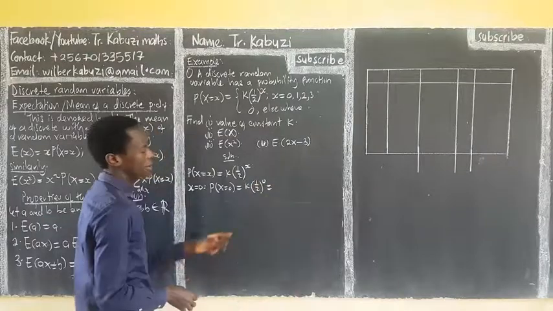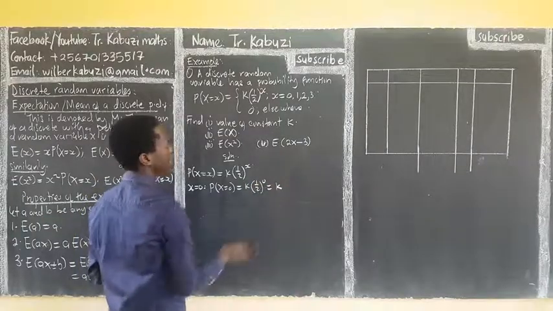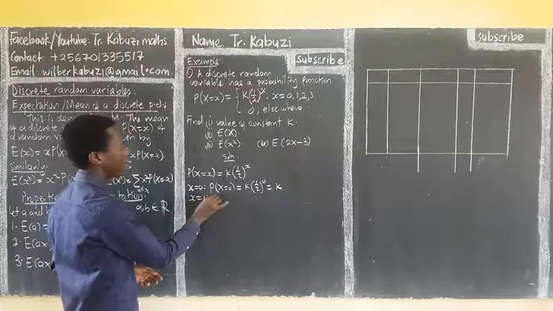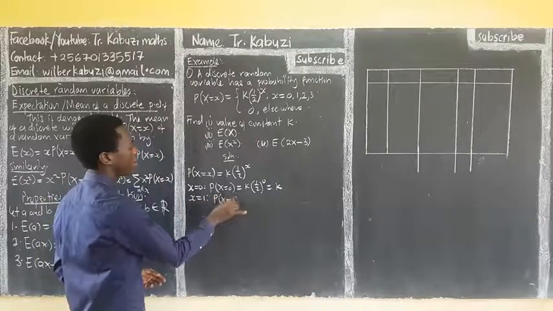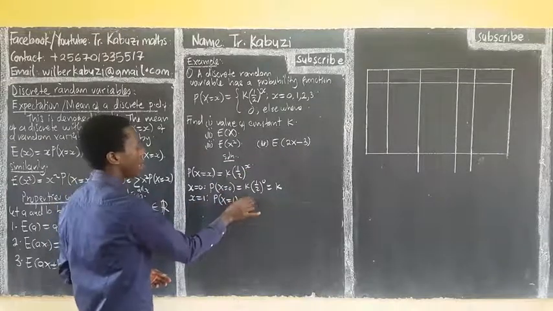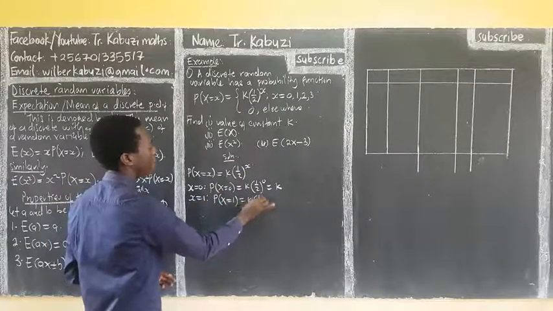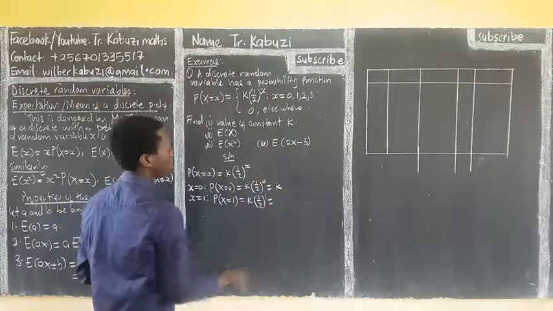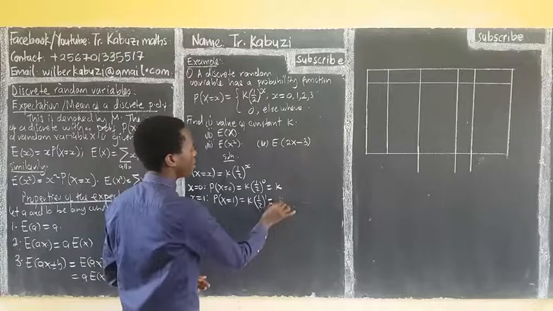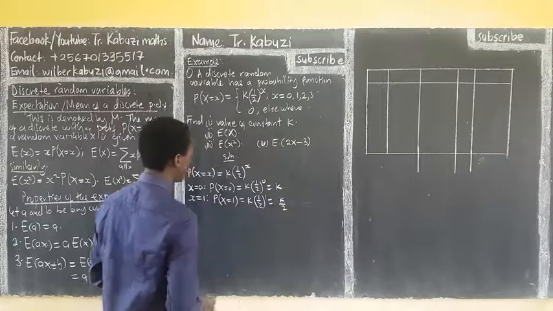Anything to power 0 is 1, so we get k. When x is 1, P(X=1) is k times half power 1, anything to power 1 is itself, so we get k over 2.